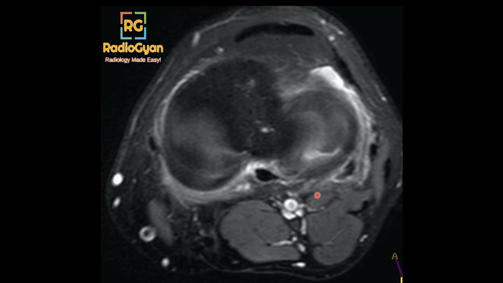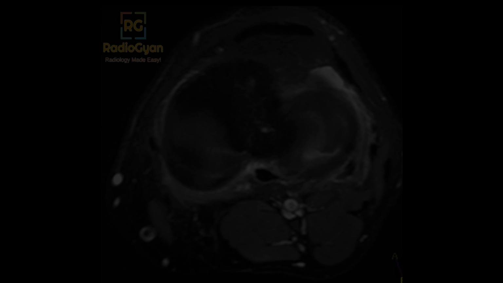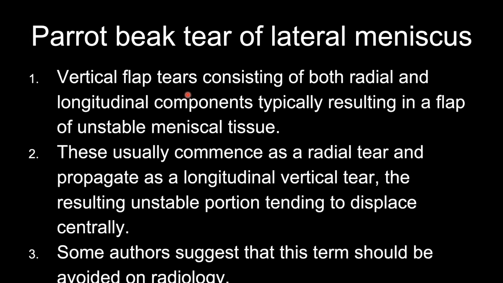Okay, so this is what is known as a parrot beak tear, and it involves the lateral meniscus. So what are parrot beak tears? Parrot beak tears are vertical flap tears that have radial and longitudinal components, which typically result in a flap of unstable meniscal tissue.